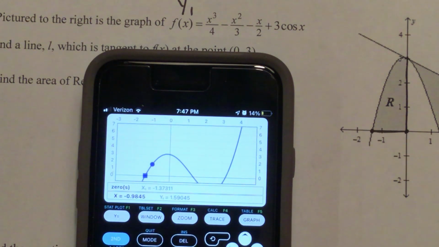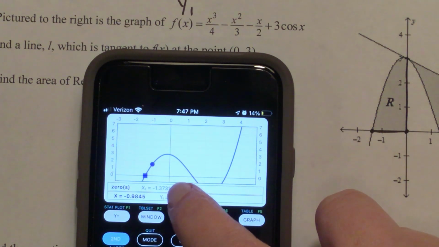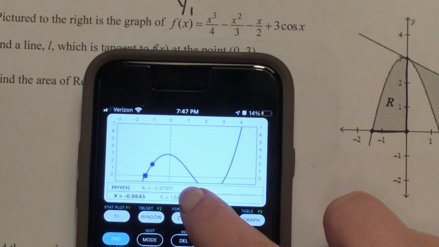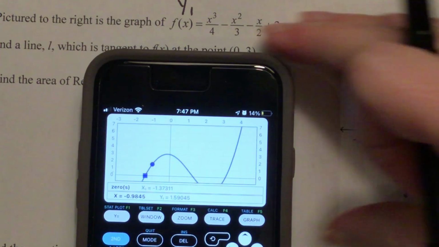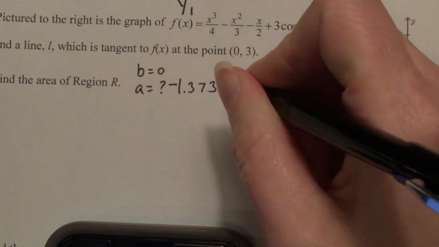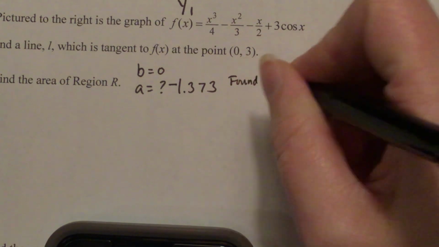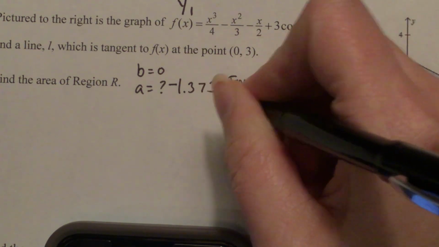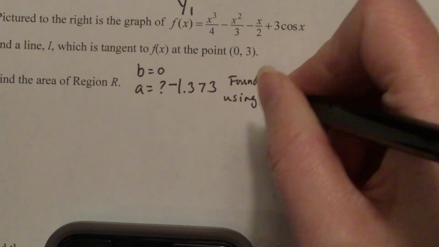And then the zero is at negative 0.9. I don't know. I've never done this before. Oh, there it is up there. Negative 1.373. I've only ever done this on the actual calculator. Negative 1.373. I found a zero using a graphing calculator.